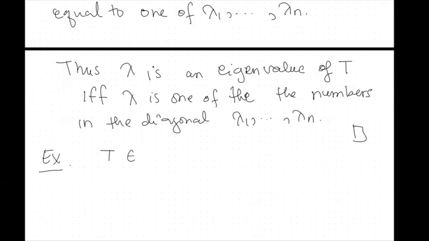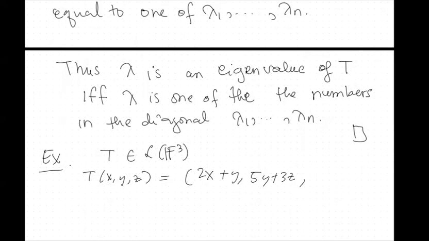Now let's consider a linear operator on F3 as an example, the one from earlier, given by the equation with 5y plus 3z and then 8z. The matrix with respect to the standard basis is 2, 1, 0, 0, 5, 3, and 0, 0, 8.